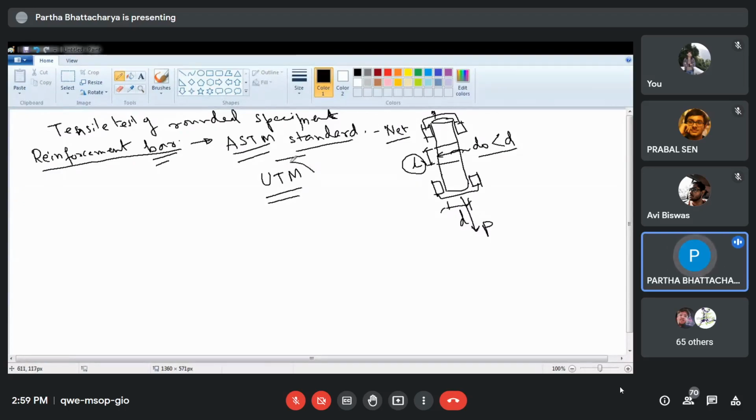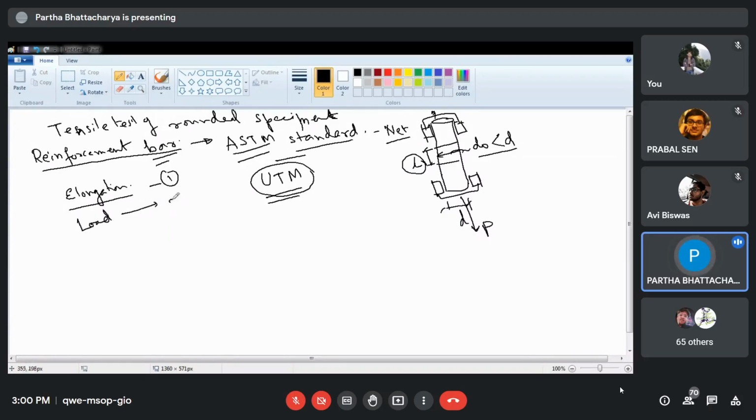Using a UTM machine, this specimen is loaded, and what we have to record is the elongation of the specimen. The second thing we are going to record is the load.